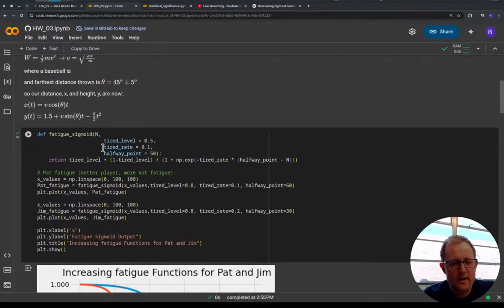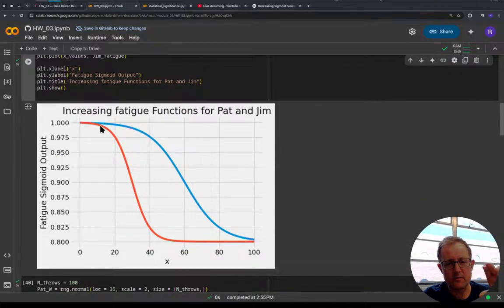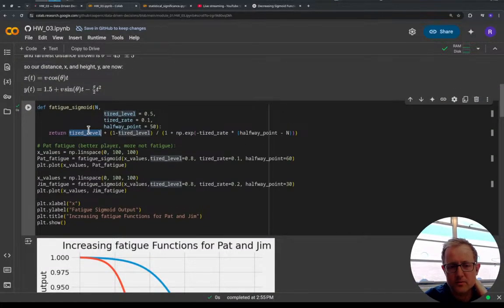So what I did here was, because I'm trying to change this sigmoid to go from 1 to 1/2, or in this case 1 to 0.8, really I want this thing to be multiplied by 0.2. I want the magnitude of my sigmoid function to be 0.2, and I want it to be 1, so I have to add it to the tired level.